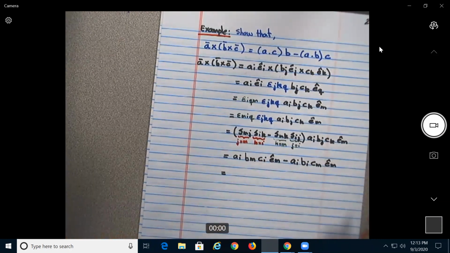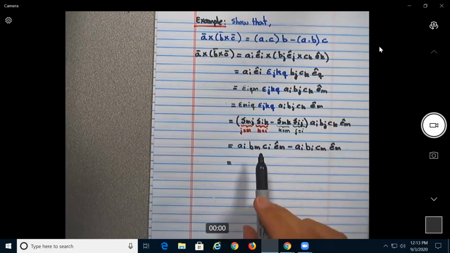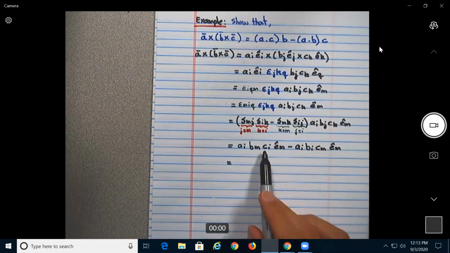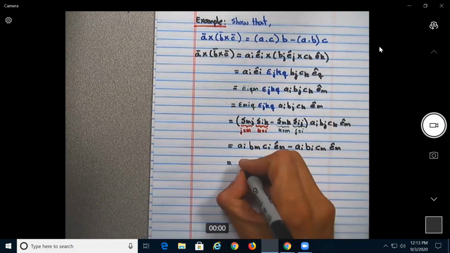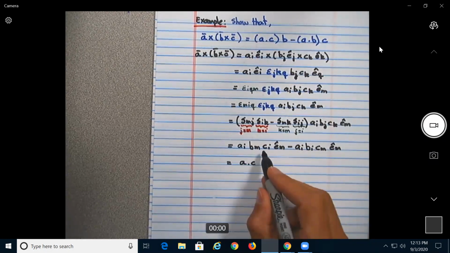So now, if you remember the definition of the dot product using the indicial notation, it was A sub I times A sub I, no? You do the square. So every pair that has the same summation index will be a dot product, so it will be equal to A dot C, because of the same index.